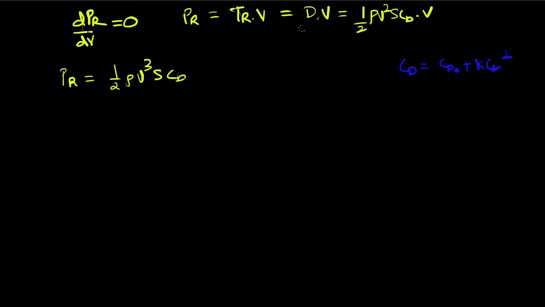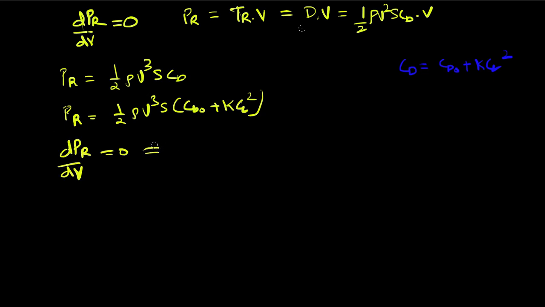So this may be expanded as power required is equal to half rho V cube S times CD naught plus k CL square. Now differentiating power required with respect to velocity, we get dPr by dV is equal to d by dV of half rho V cube S times CD naught plus k CL square, equal to 0.